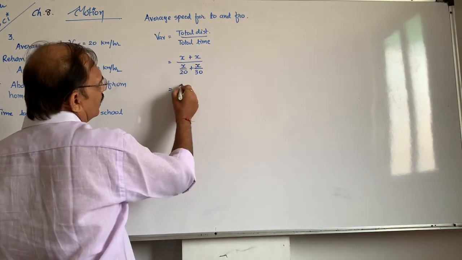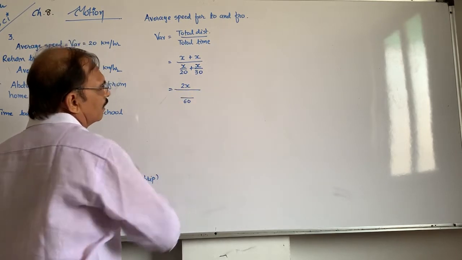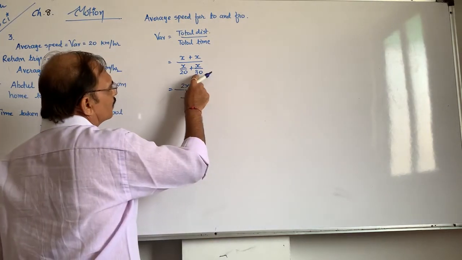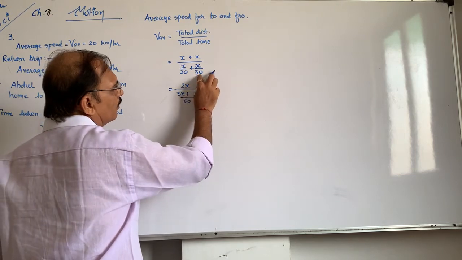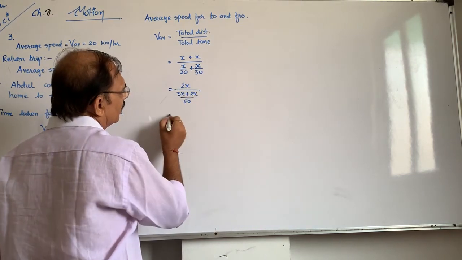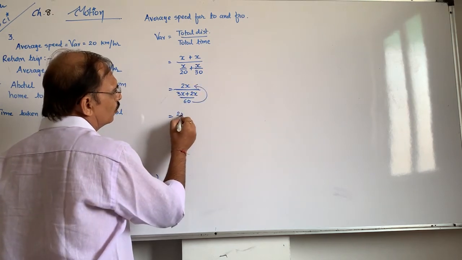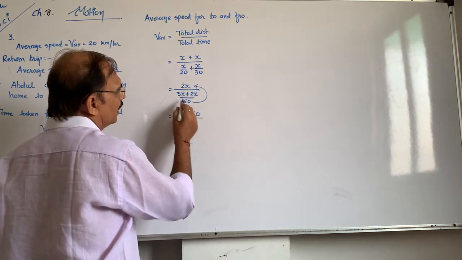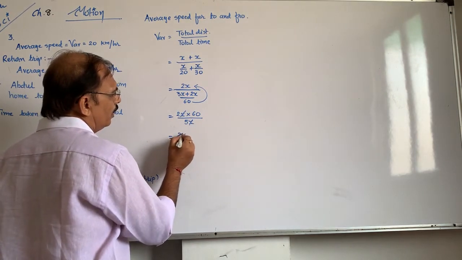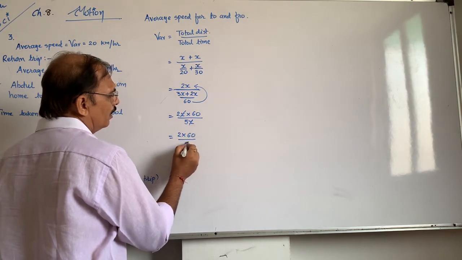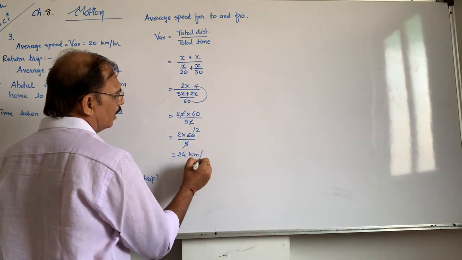See here, x plus x is 2x upon, take LCM, LCM is 60, multiplied here by 3, so 3x, and this term by 2, so here 2x. Denominator of the denominator becomes numerator, so 2x into 60 upon 3x plus 2x is 5x. x cancels, 2 into 60 divided by 5, 5 12s are 60, 2 12s are 24 km per hour.